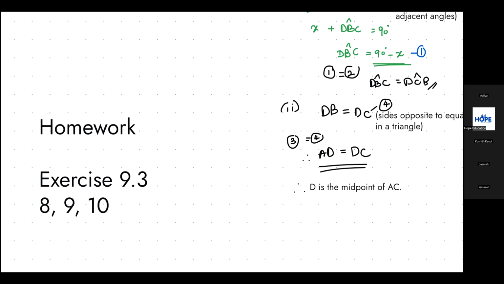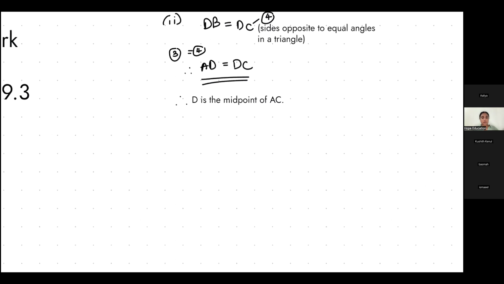And put the topic inverse proportions. All right. Inverse proportions.